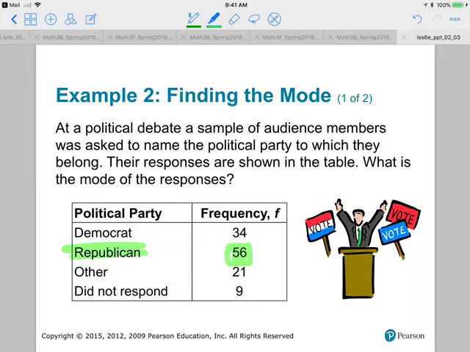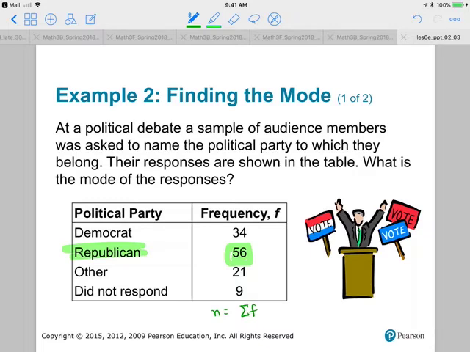Here's another question. How many people responded to the survey? How many people are in our sample? Remember, our formula for N is to add up the frequencies.